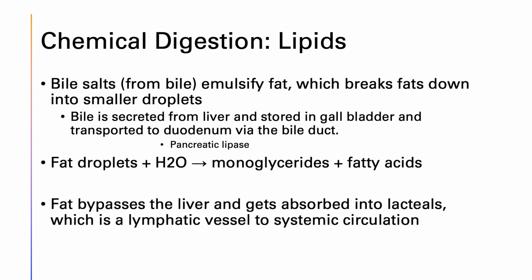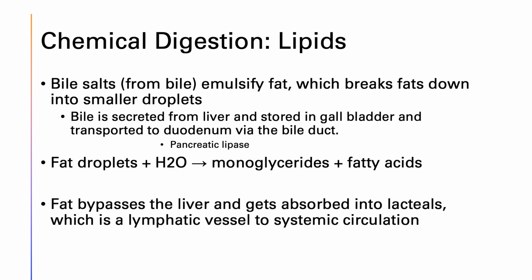Then the chemical digestion of lipids, or fats, is a little more complex. We chemically digest fats with bile as well, and bile is extremely important in the chemical digestion of fats. Bile salts, which are in the bile themselves, emulsify fats.